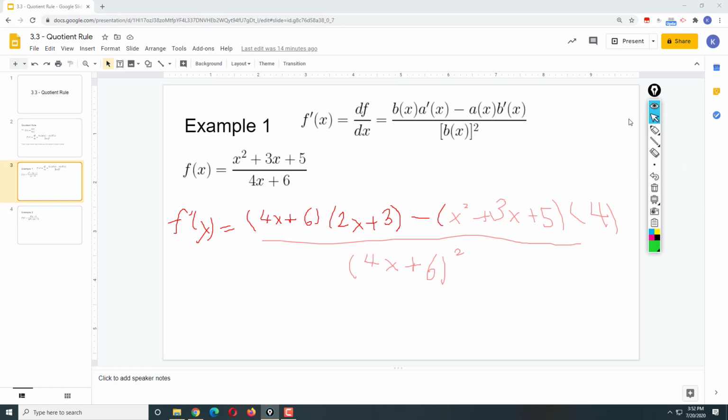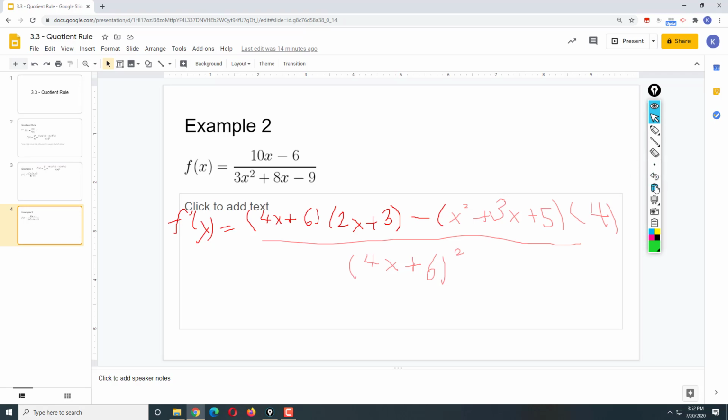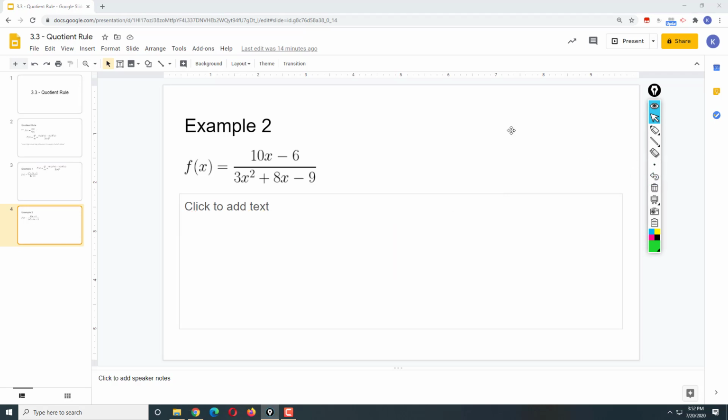One more example. f of x is 10x minus 6 over 3x squared plus 8x minus 9. So the derivative, let's try this again.